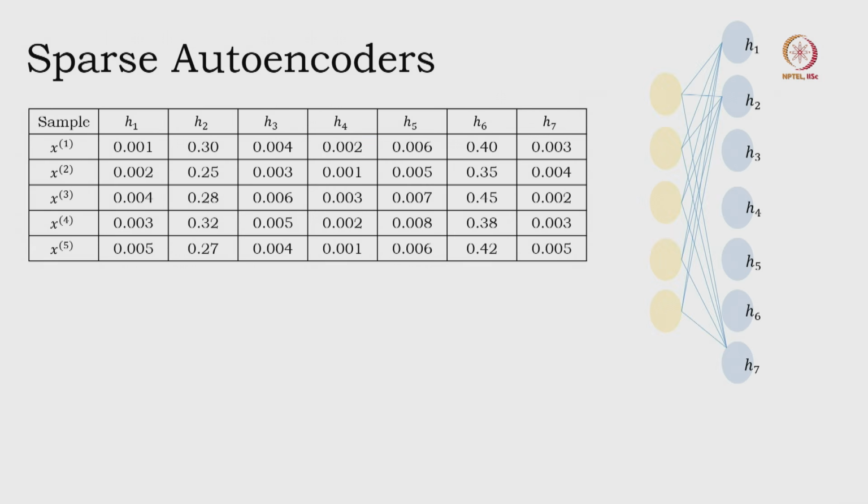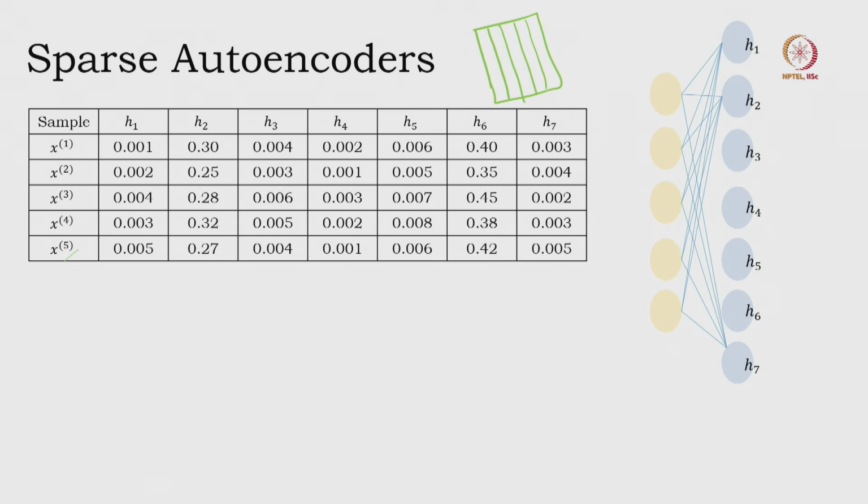Now let us get into sparse autoencoders with a complete numerical example, so that you will understand what sparse autoencoders are all about. Let us assume there are 5 samples. When I say 5 samples, what is the meaning of it? There is a data set, and the data set has 5 features.